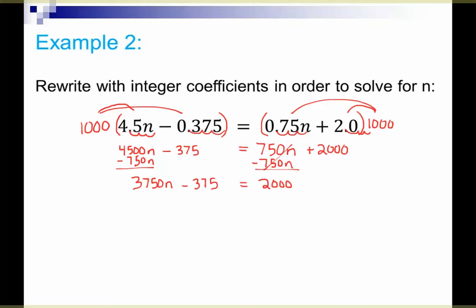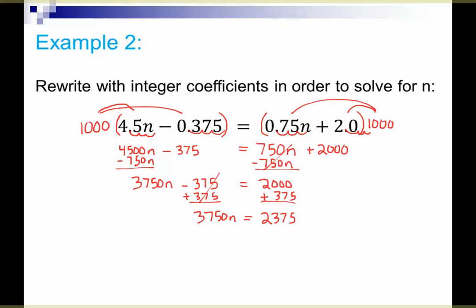Okay, got a couple and a loner over here on the left. We want to get rid of the loner. So let's add 375. And we end up with 3,750n equaling 2,375. That's your basic one-step equation.